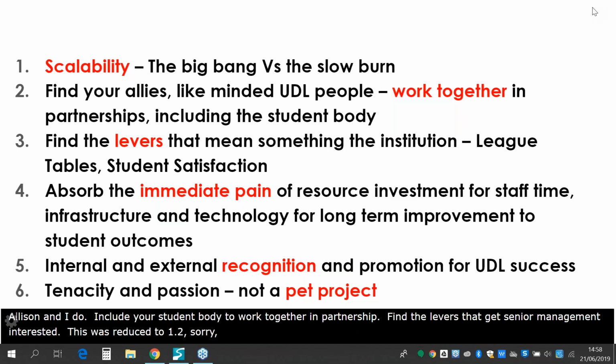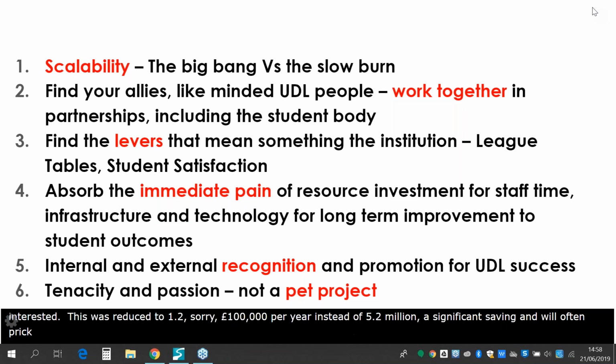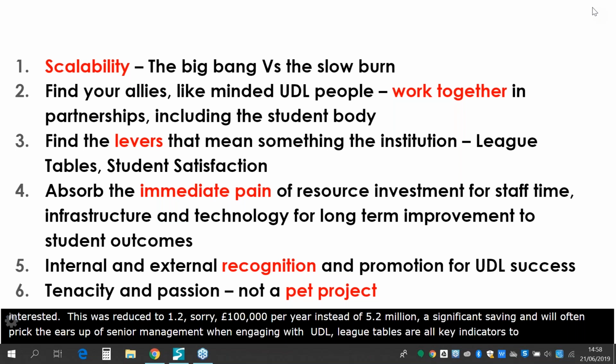A significant saving, and it will often prick the ears up of senior management when engaging with UDL. League tables in the UK and student satisfaction are all key indicators to get staff interested in UDL on a large scale. It does mean investment in resources, so absorb the immediate pain.